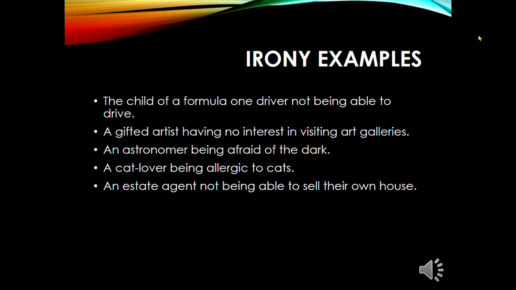So you can't be a lover of cats if you are allergic to cats. And the last one states an estate agent not being able to sell their own house. So you are selling the houses of other people, but you are unable to sell the house of your own. So these examples show how various contradictory meanings are reflected through these sentences.